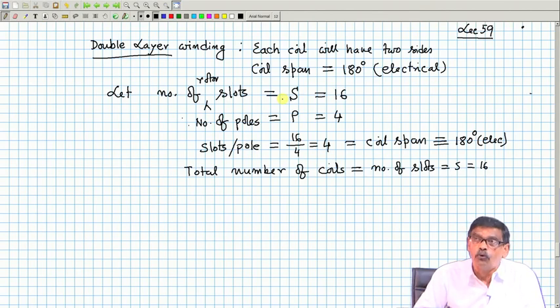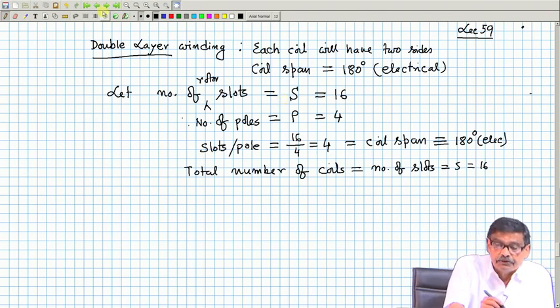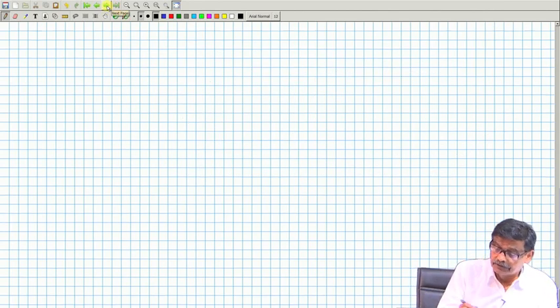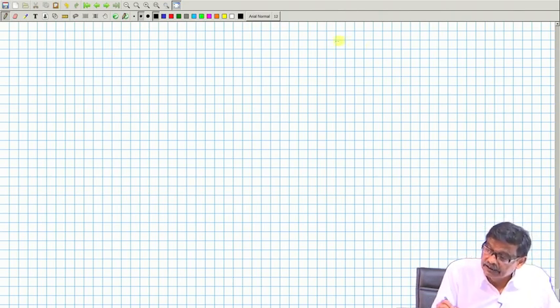Now, how do I go about placing the coils like that? The calculations are simple if you follow me carefully. There are 16 coils and 16 slots. In this diagram, these slots I will show like this, slot and teeth, in the developed diagram.